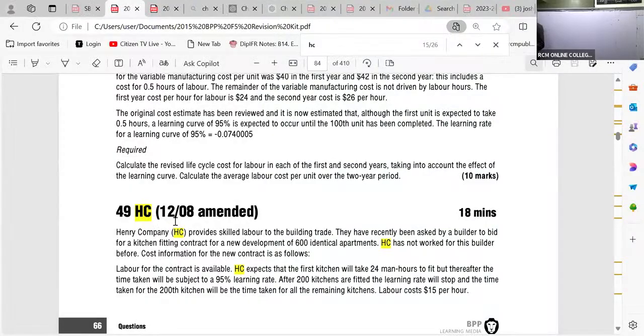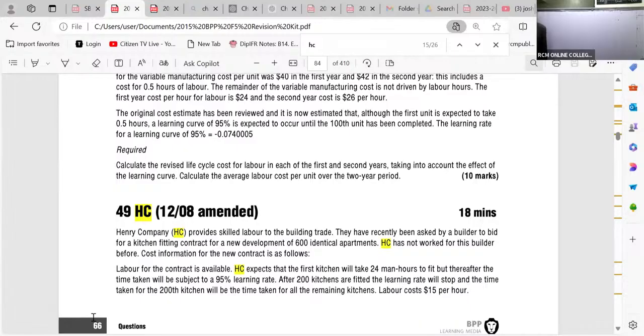It's called the HC question. It's on page number 66, question number 49.